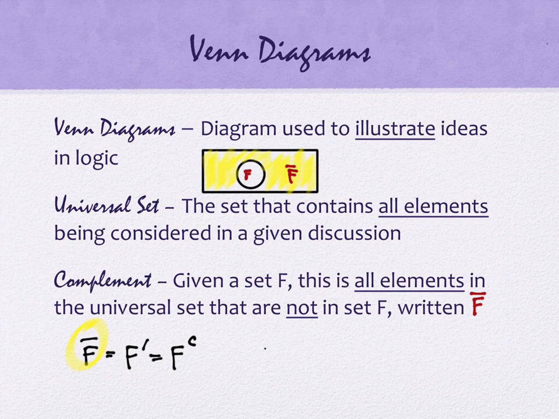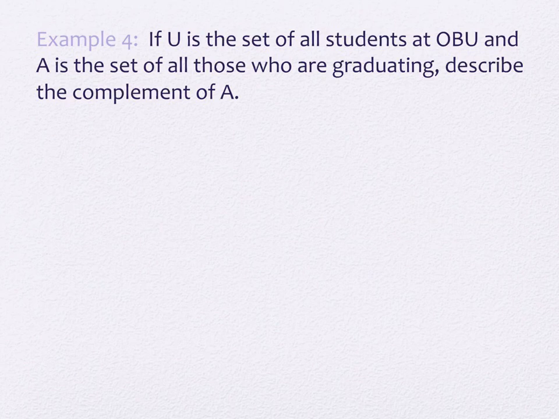So we're going to do an example where we're going to describe what the complement is. So we're going to say that our universal set, that's that big outside rectangle, is the set of all students at OBU. And then set A is those who are graduating. What would a complement be?